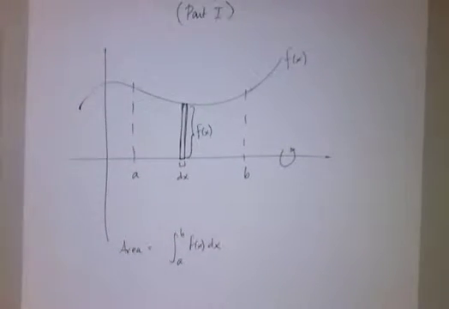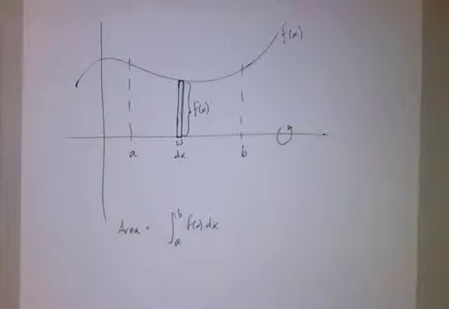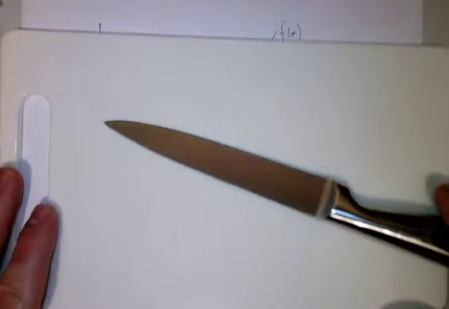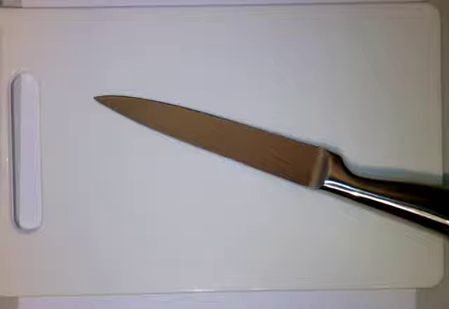Well, we're going to do something similar, but we have to figure out exactly how to change what we're doing. Now, let's go ahead and look at this. And if you're saying to yourself, is that a cutting board and a knife? The answer is yes. Your powers of observation serve you well, okay? Now, once you take that region of f of x and spin it around the axis, you're going to have a volume, okay?